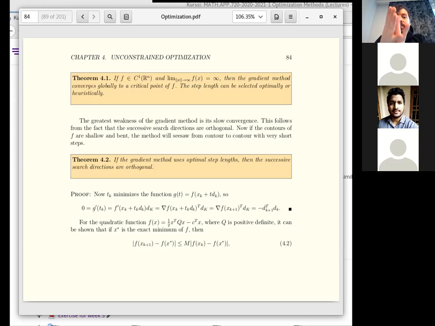The greatest weakness of the gradient method is a possible slow convergence. We'll see a lot of examples of this shortly when we look at the exercises.